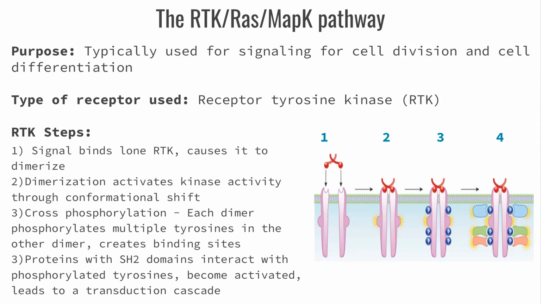Each one phosphorylates the other, creating phosphorylated tyrosines. These phosphorylated tyrosines create binding sites for downstream proteins in whatever pathway needs to occur with this RTK. The proteins that bind the phosphotyrosines have SH2 domains, which we'll get into again a little later.